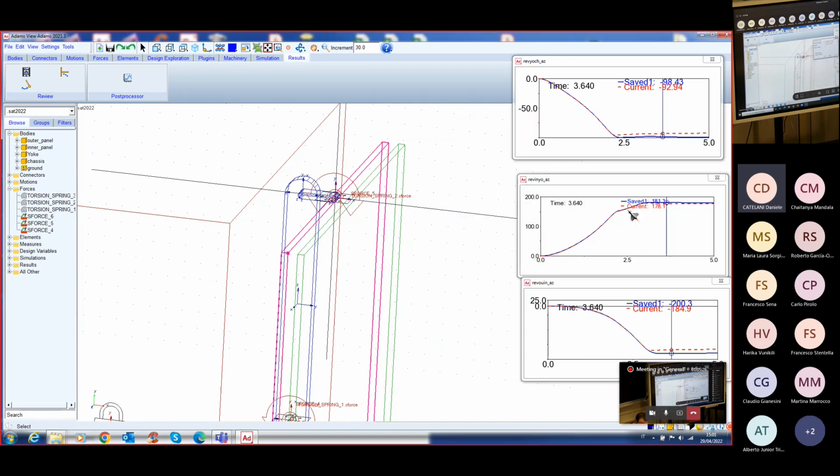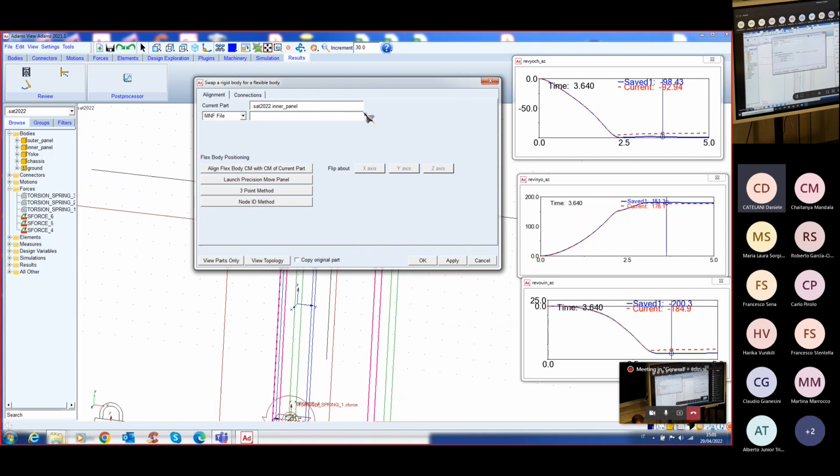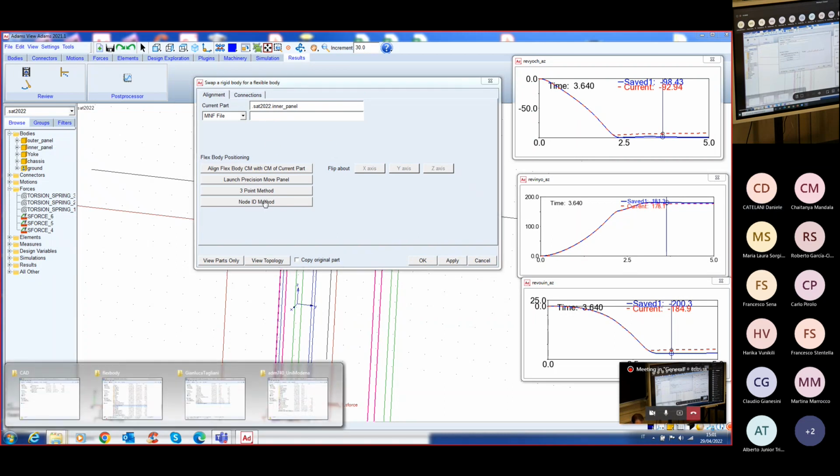Okay. The second method instead, make flexible, is the method for importing an existing MNF file. The existing MNF file has been created by a finite element user or by you if you are able to work in a finite element environment.